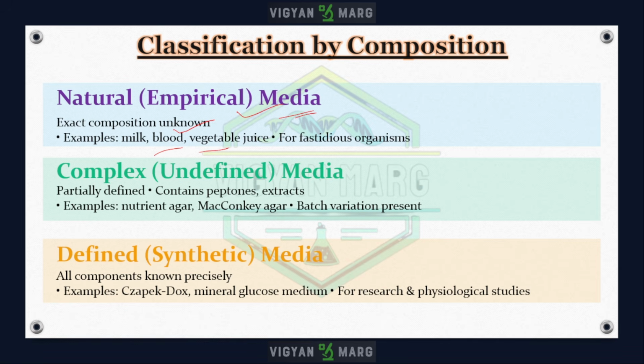These media are often used for fastidious organisms that require complex and sometimes unknown growth factors. And second is complex or undefined media. These are partially defined media, and they contain ingredients such as peptones and meat extracts, and we know in general what they contain. They mainly contain amino acids, minerals, and vitamins.